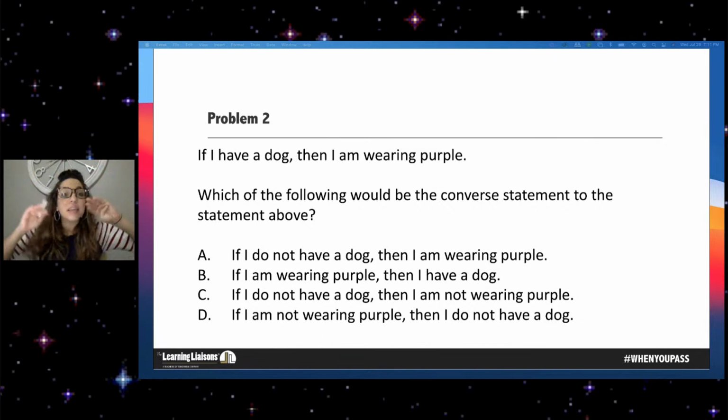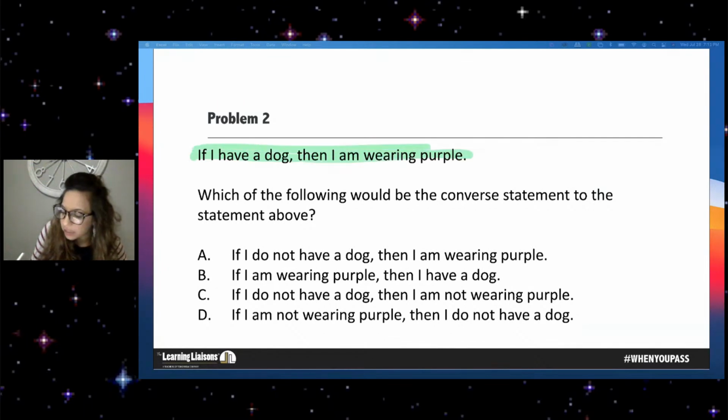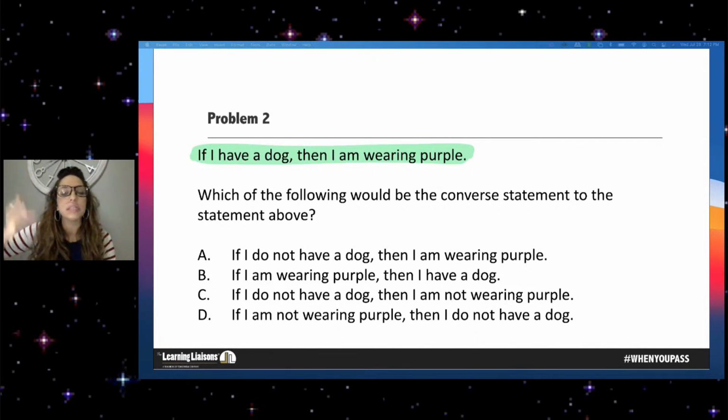But this is important for you to realize. 9 times out of 10, when they are doing statements like this, inverses, contrapositives, all of that, oftentimes they will use statements that don't make sense in hopes that you will pick an answer that makes sense, and it will likely be wrong because you're not using your understanding of deductive and inductive reasoning, your understanding of contrapositive, converse, and inverse.